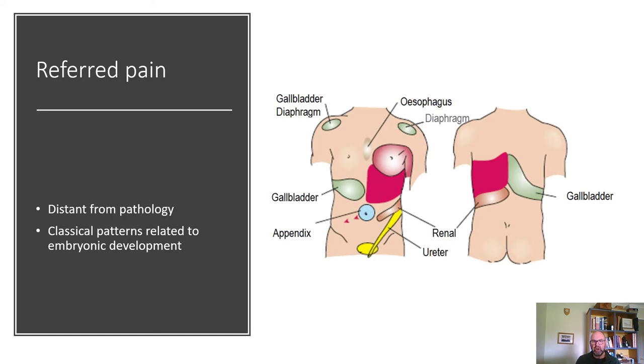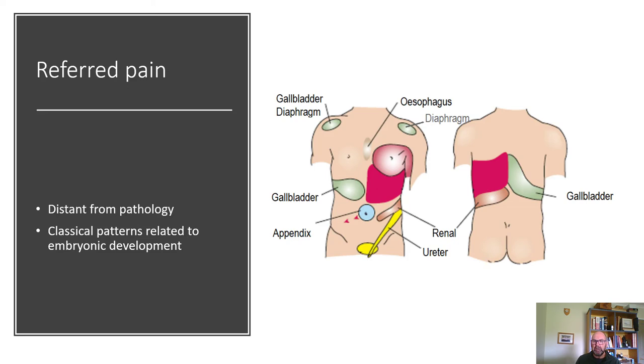Flank pain is often associated with renal or kidney problems, and inguinal pain with urinary bladder infections and ureter obstruction, and sometimes we can see it with ovarian problems or an ectopic pregnancy. And finally, as we've already discussed, we can get this periumbilical pain in the early stages of appendicitis.